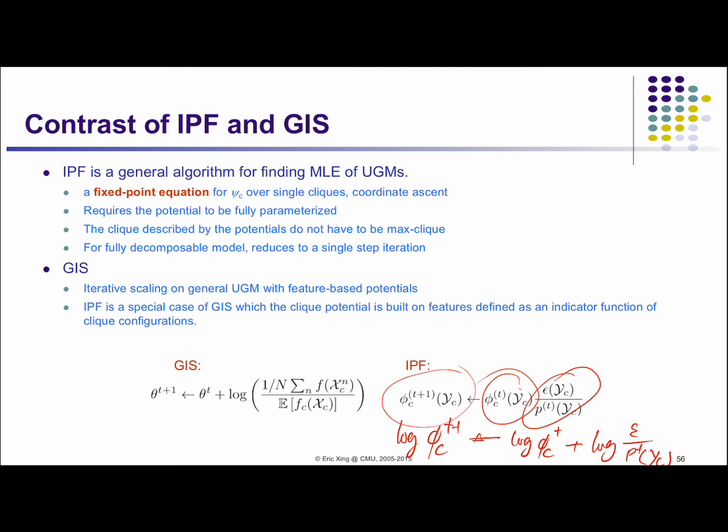So the GIS looks like the IPF in a log space. Next update, current update, log of the empirical over the marginal. The same here: next update, current update, log of the empirical divided by the marginal.